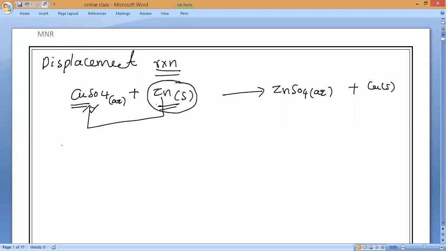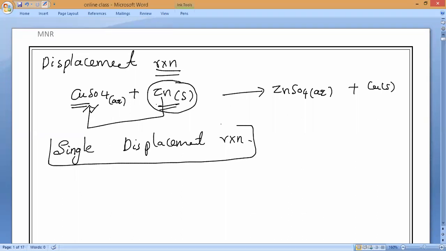That is why this is also called a single displacement reaction. Do you understand? In all the examples I gave, only one element displaces another element from its compound. So we call this type of reaction a displacement reaction or a single displacement reaction.